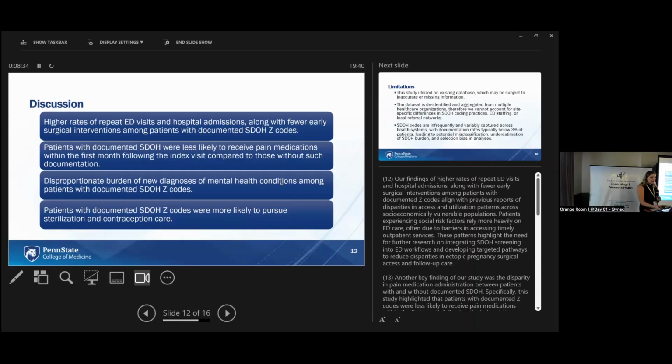The study also highlights the disproportionate burden of new diagnoses of mental health conditions among patients with documented Z codes. Ectopic pregnancy can be a very distressing experience, and individuals concurrently navigating socioeconomic adversity are particularly susceptible to developing depression, anxiety, and trauma-related disorders.